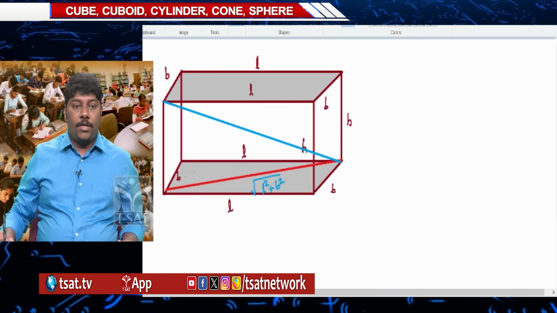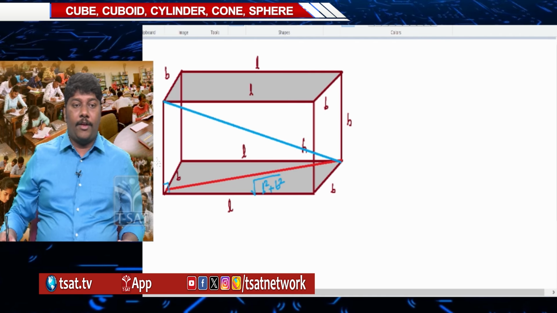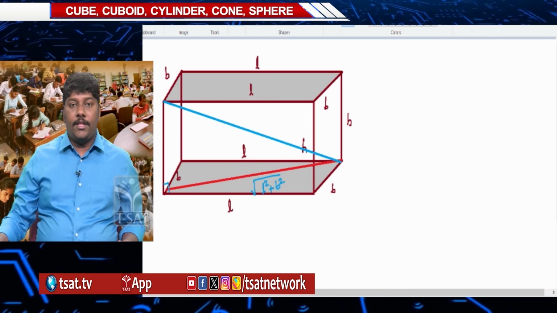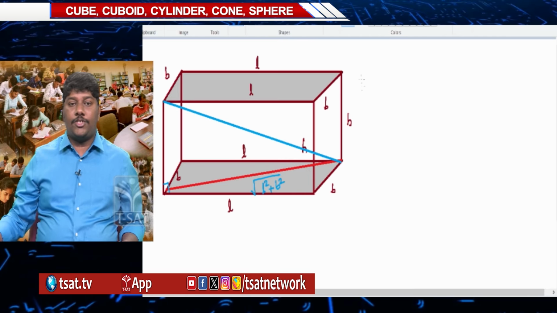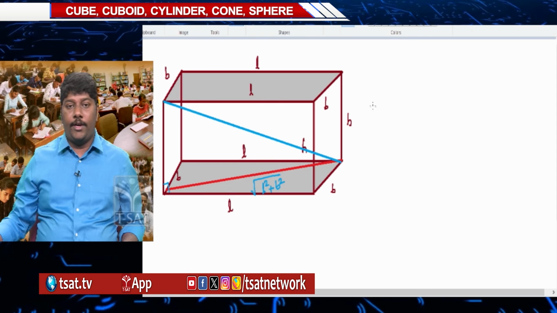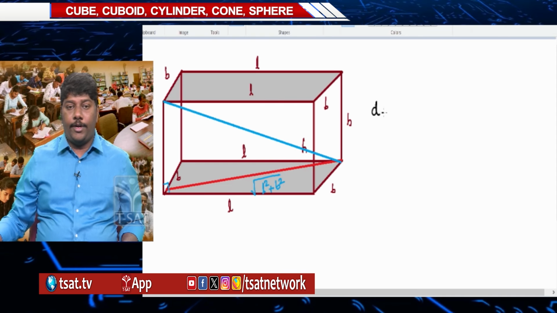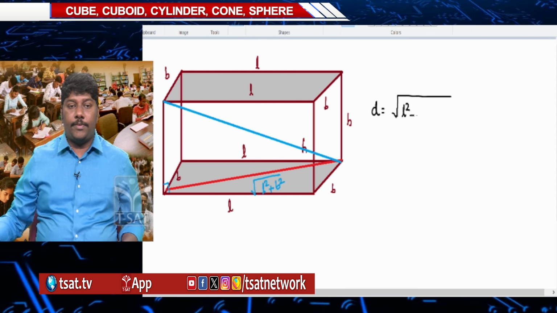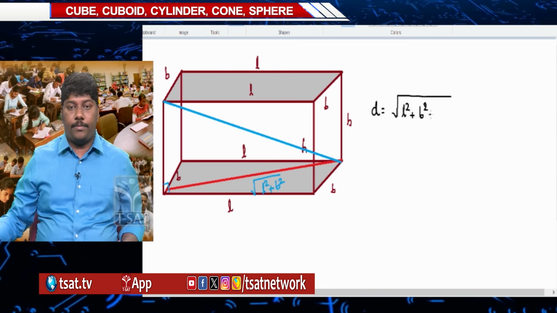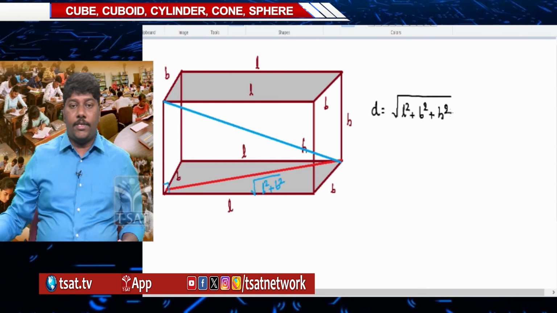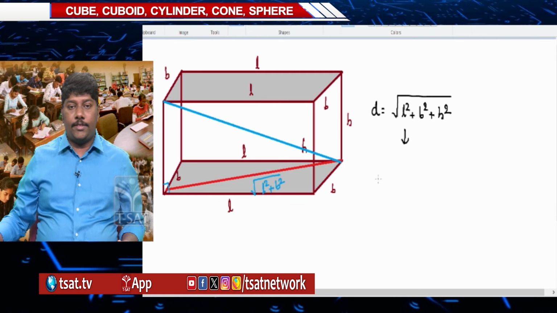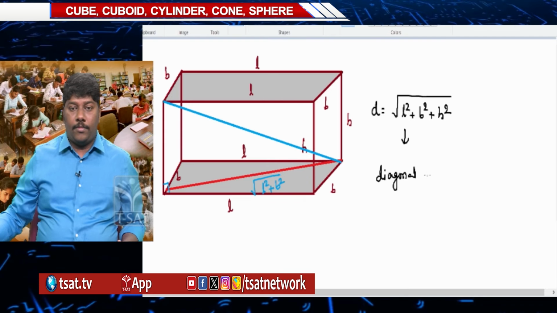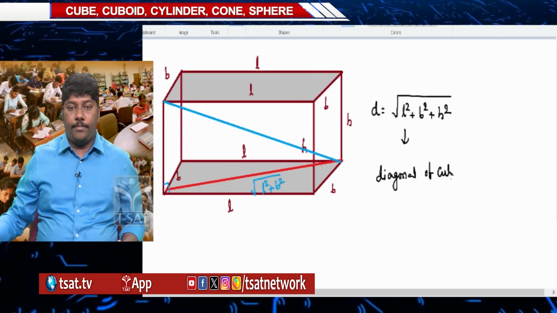If you apply Pythagoras rule to H and this diagonal, then you will get the largest possible distance inside a cuboid, that is, the diagonal of the cuboid is equal to under root of L square plus B square plus H square. So, this is the largest possible distance inside a cuboid. It is the diagonal of the cuboid.